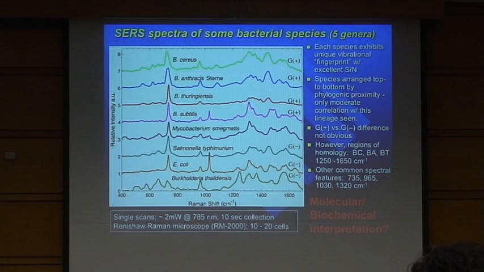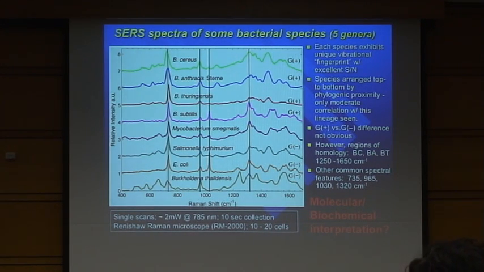And I think already by eye you can see that these spectra are different for these different species, although you can also see that there are a number of features that they appear to have in common. And so, to me, a very interesting aspect of this work has been trying to understand what the nature of this signal is, and I'll come to that shortly.